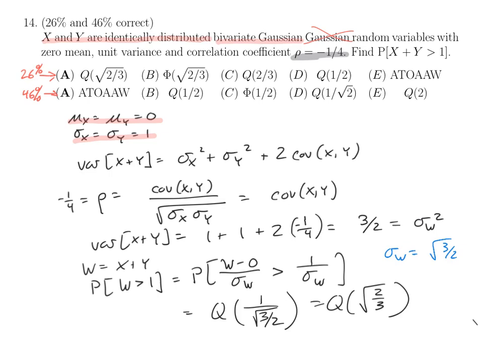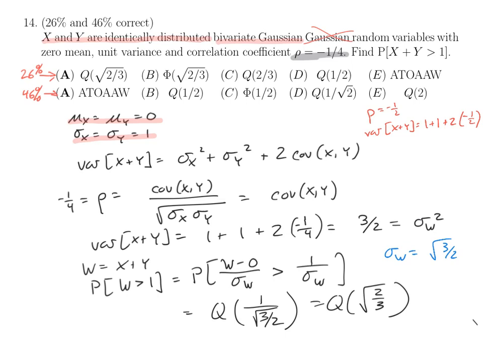And then Whale says there was another question with rho equal to minus a half. And that version is almost the same. So I'll take a chance here. So with rho, I'll write in red for the rho equals minus a half, right? Then you get variance of x plus y is 1 plus 1 plus 2 times minus a half, right?